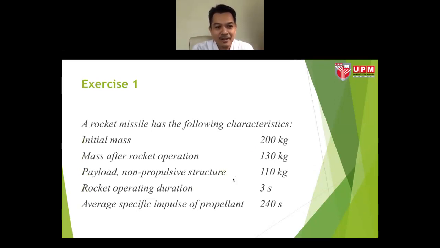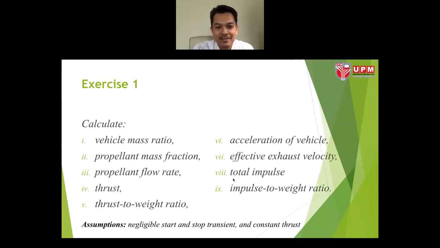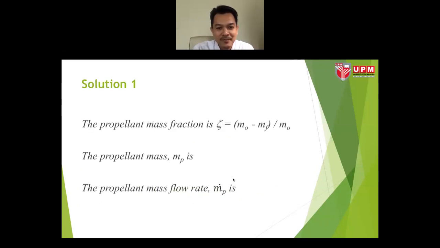The initial mass is 200 kilo, and the mass after rocket operation is 130, so basically 70 kilo of propellant is burned. There's no trick question there, it's just straightforward. 200 kilo minus 130, so the mass of the propellant is 70 kilo.